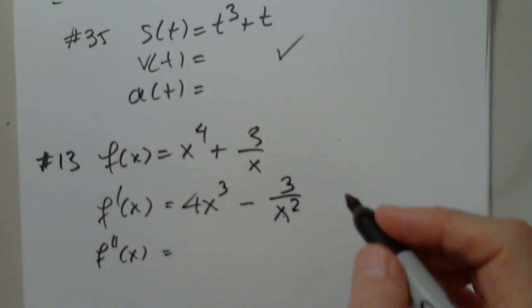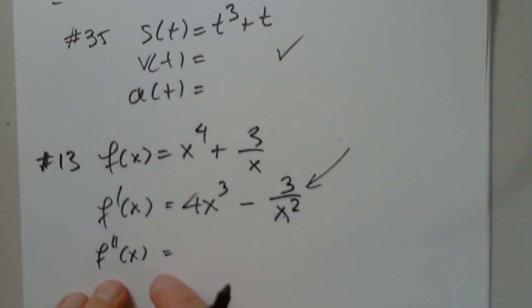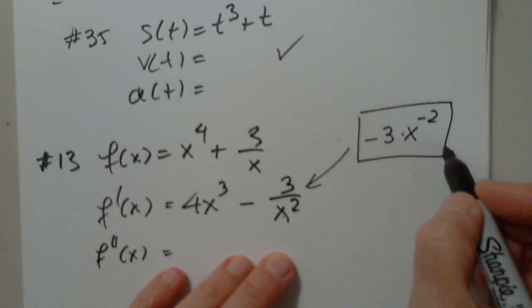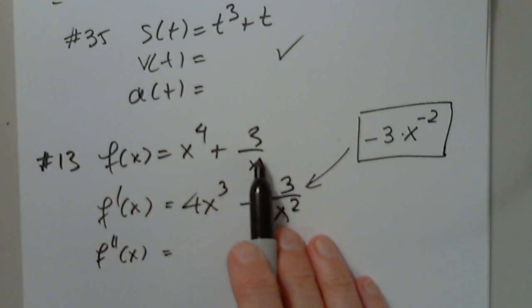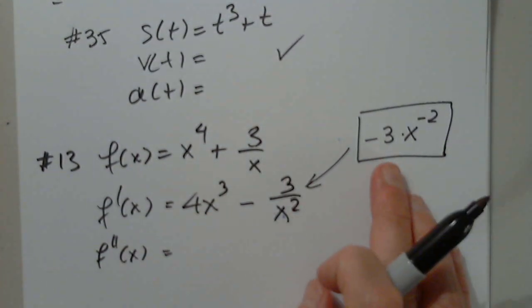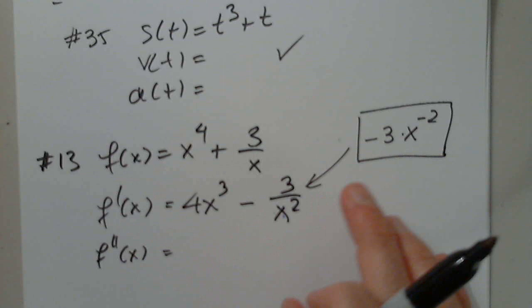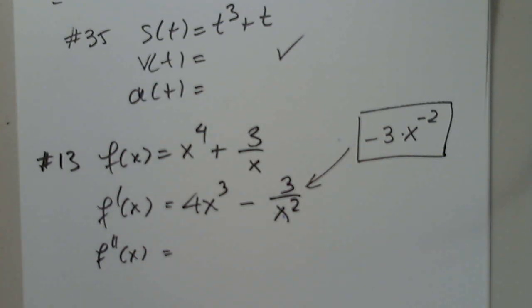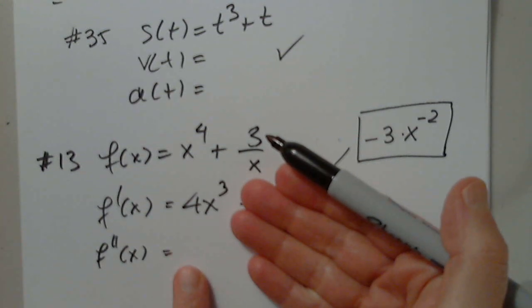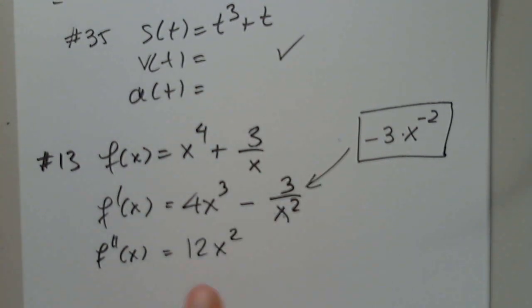Now for this one, when I differentiate again, I have to write it like this. This is a must. For the first one, no, because I have a formula or a rule carved in stone. But for this one, when I move on to the second derivative, I have to write it like this. So, can anyone differentiate this for us? 12x squared. Excellent.